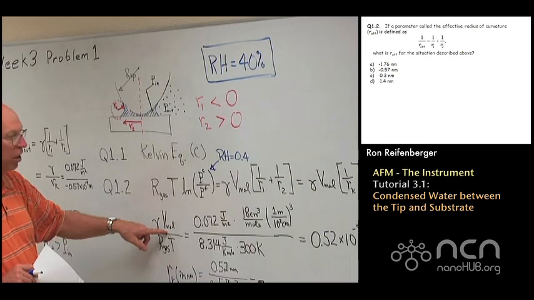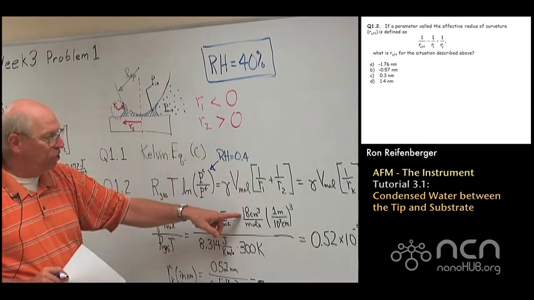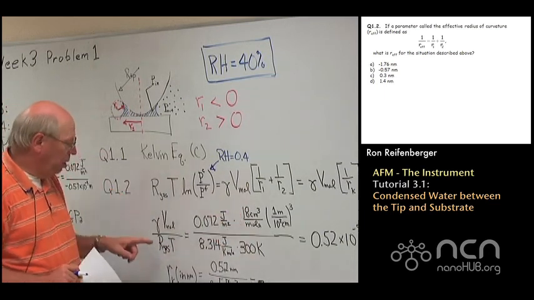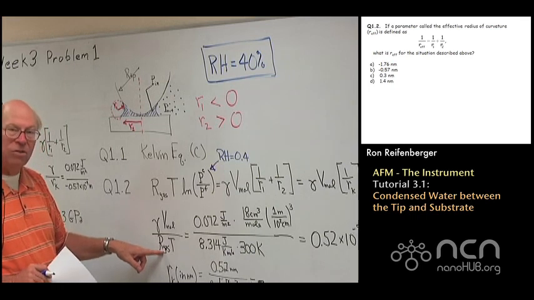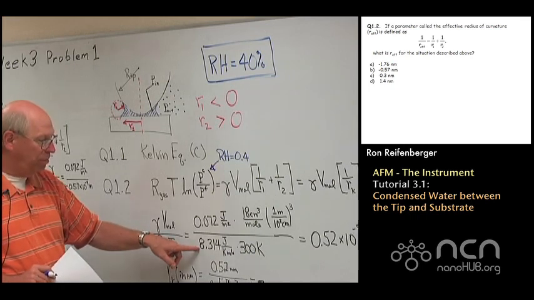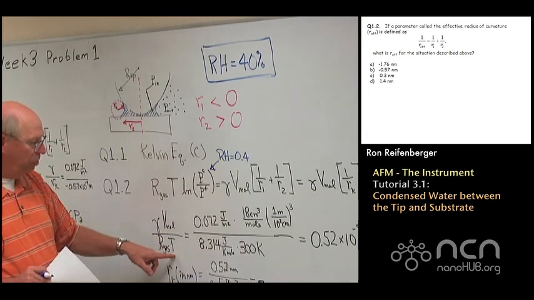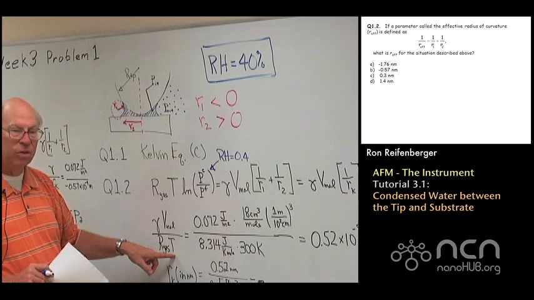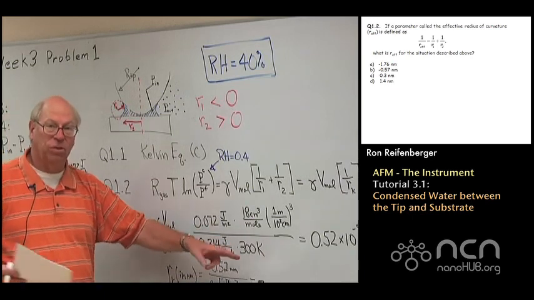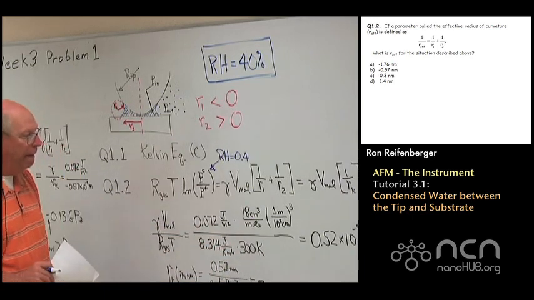V is the molar volume of water. That's 18 cubic centimeters per mole. R sub gas is the universal gas constant. That's 8.314 joules per Kelvin mole. T is the temperature in absolute degrees Kelvin. In this case, we'll just pick 300 Kelvin.